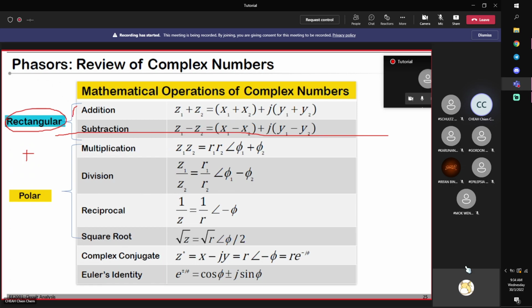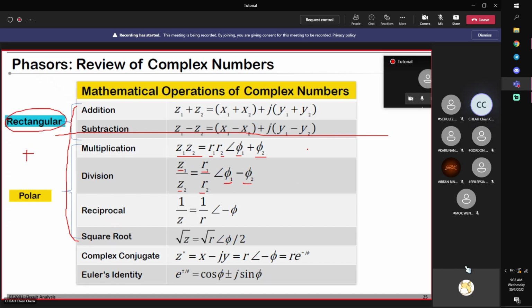However, this table says that it may be easier for you to do it in the polar form, because if you multiply 2 complex numbers together in polar form, you just multiply the modulus and add the argument. If you divide 2 complex numbers in polar form, you just divide the modulus and subtract the argument. So this is a very simple relationship.